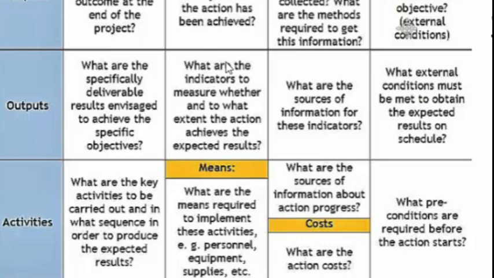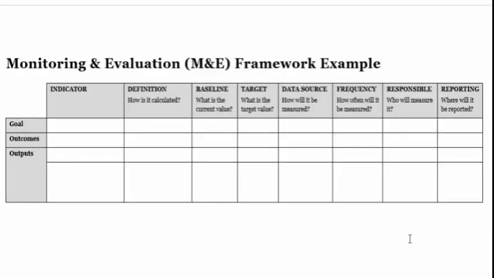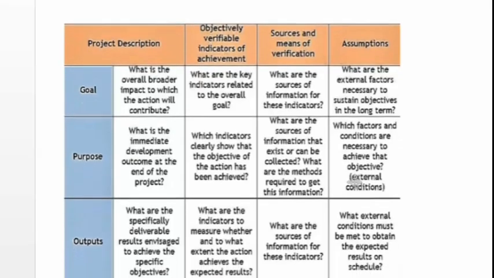Of course, frameworks may look slightly different depending on how an organization chooses to design them, but certain elements almost always appear: the baseline, target, data source, frequency, and responsible person. The definition field may or may not be included, since indicator definitions are usually captured in the indicator reference sheet.